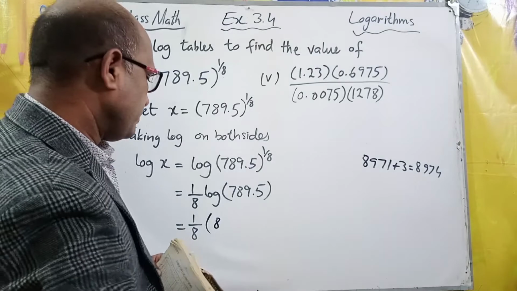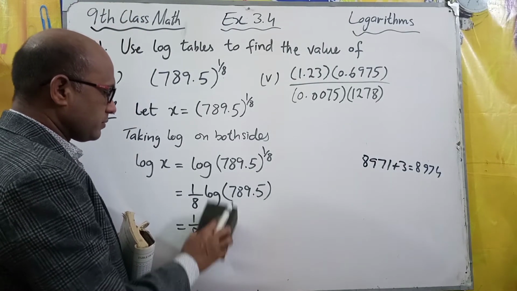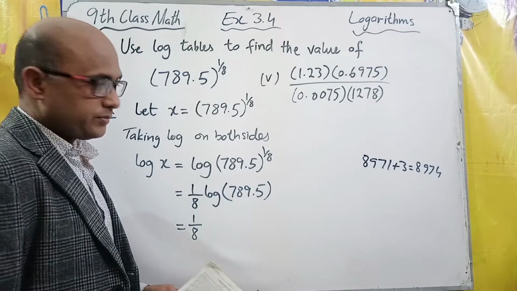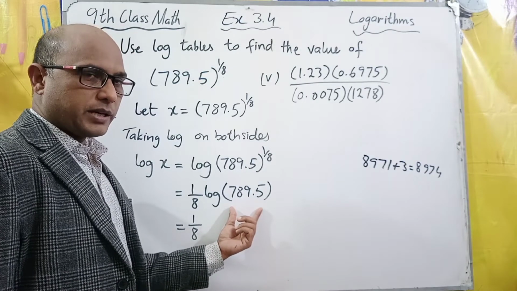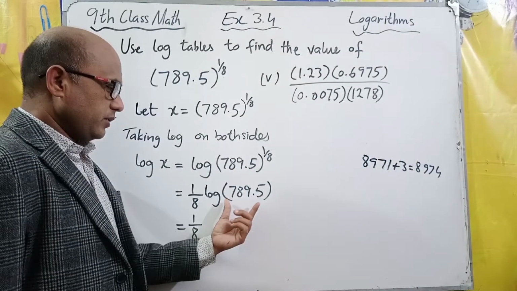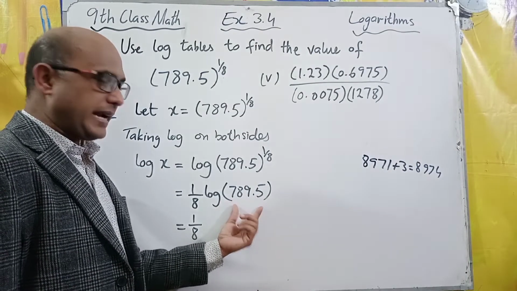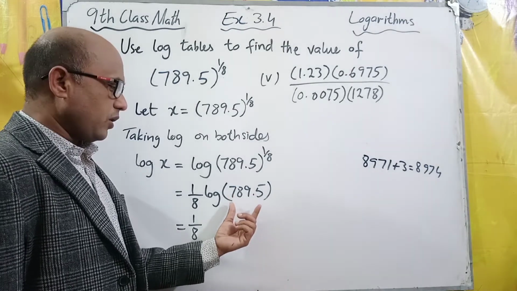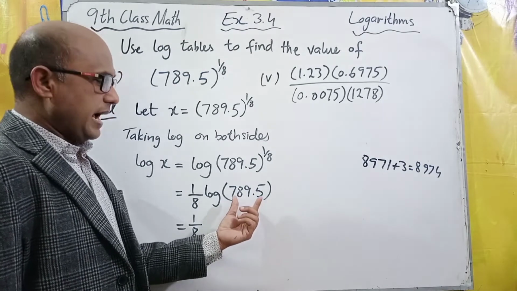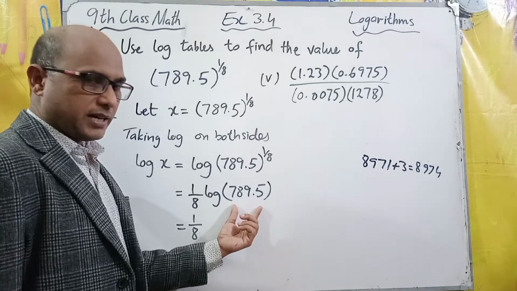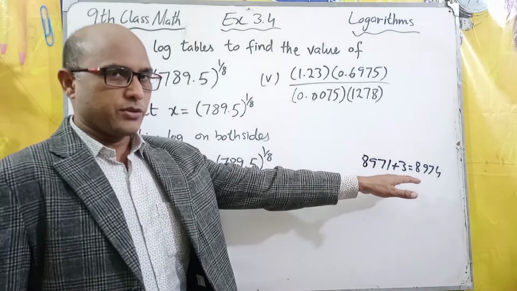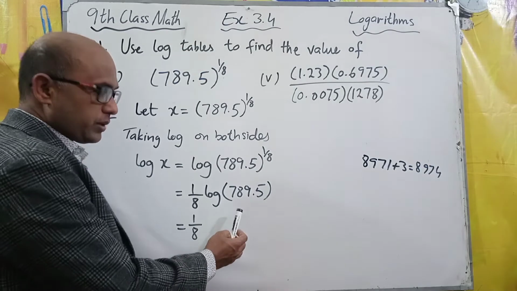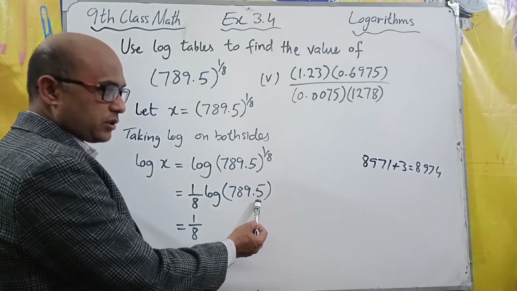And before that, you have to remember one thing. Before writing the value of this log, we have to write its characteristic. When we find log of a number by using logarithmic table, first of all, we have to write its characteristics. In the start of this chapter, you have learned already how to find characteristics and how to find its mantissa. So this is mantissa by using table, and we have to write its characteristics first. So student, how to find the characteristics of this number?